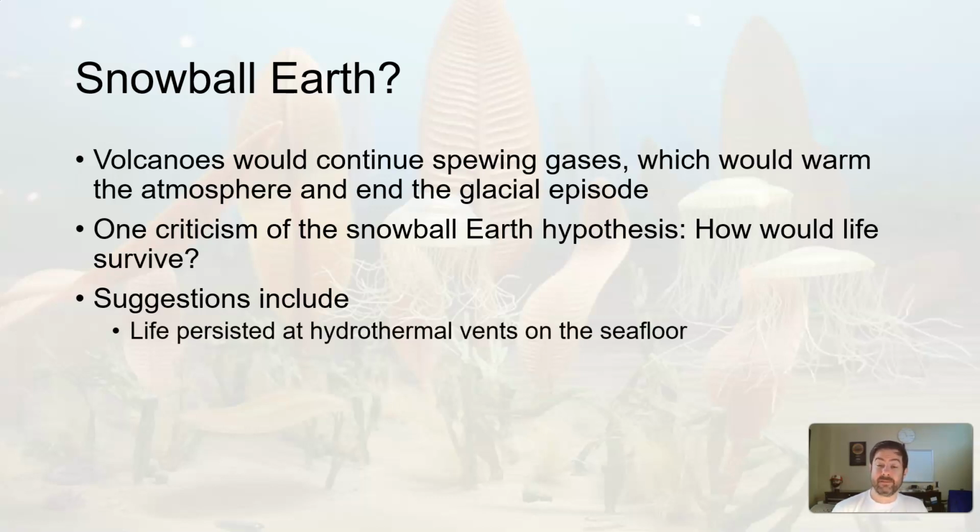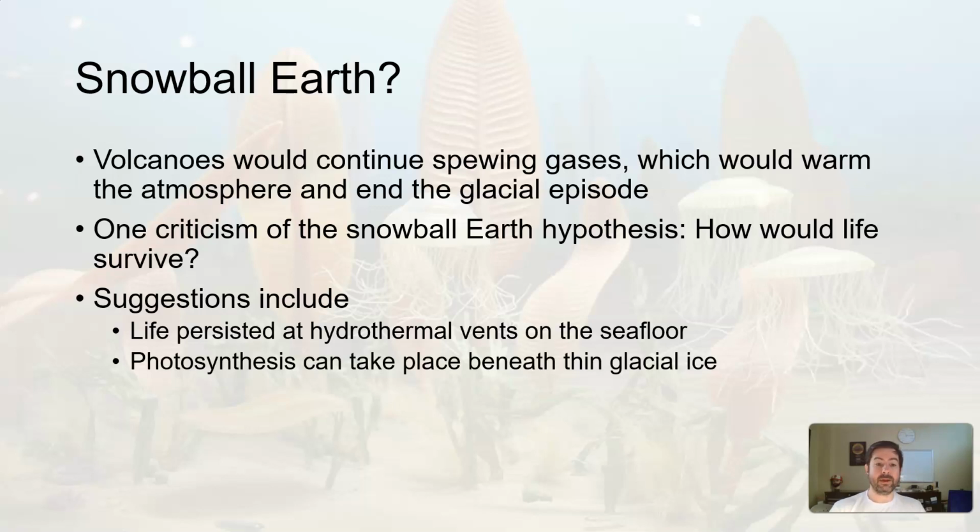So maybe life persisted down at those hydrothermal vents that I had mentioned before, down on the seafloor. Perhaps photosynthesis can still continue under thin glacial ice. So maybe those photosynthetic cyanobacteria that make stromatolites, if the ice is thin enough, that process can still occur.